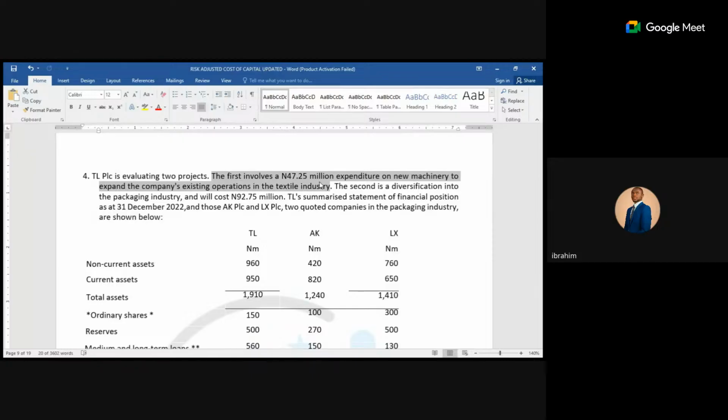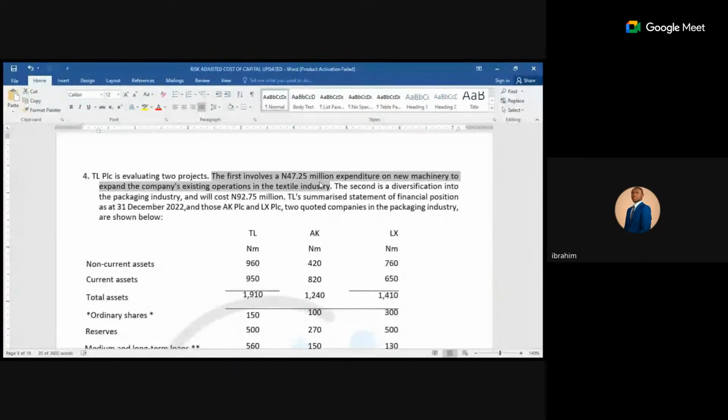For the expansion, class, the risks still remain the same because they want to expand.